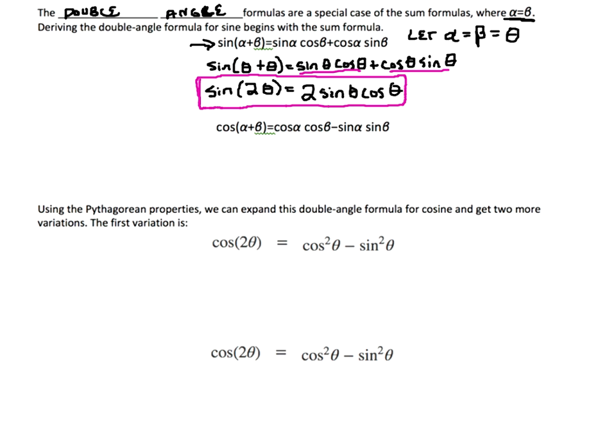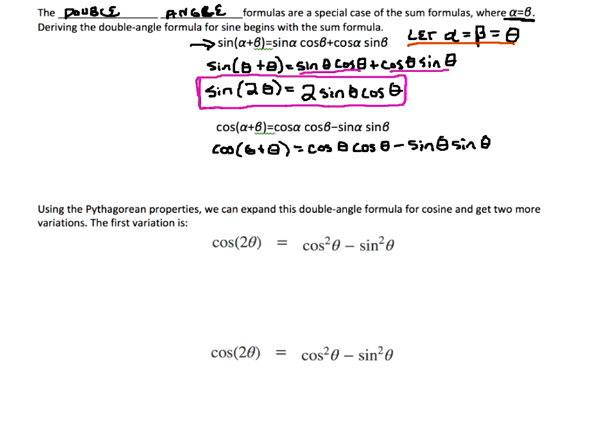Same thing with the cosine of alpha plus beta. We're once again going to start with the premise that these angles are equal to each other so that we end up doubling that angle. So I'm going to replace all my alphas and betas with thetas. Cosine theta plus theta equals cosine theta cosine theta minus sine theta sine theta.